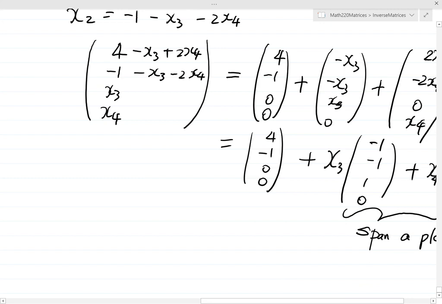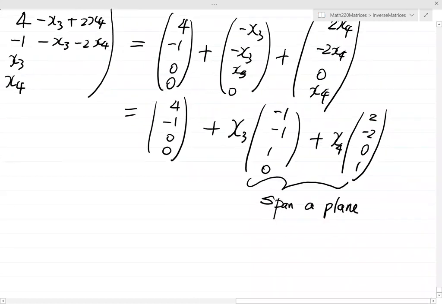So you see, in this case, if a matrix has full row rank, sometimes we have free variables.